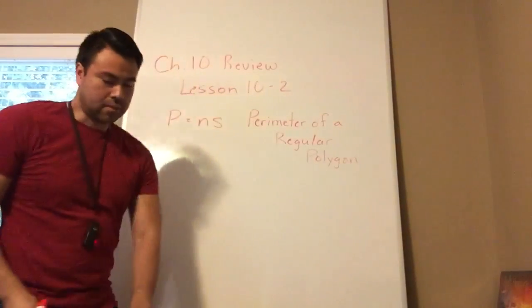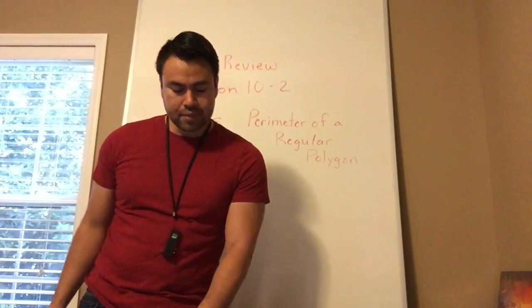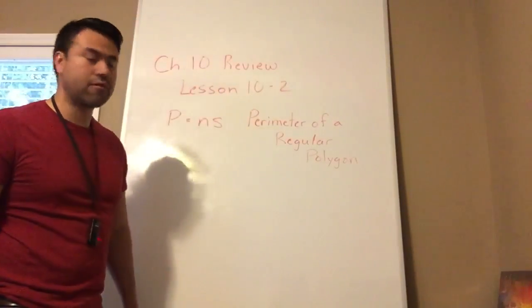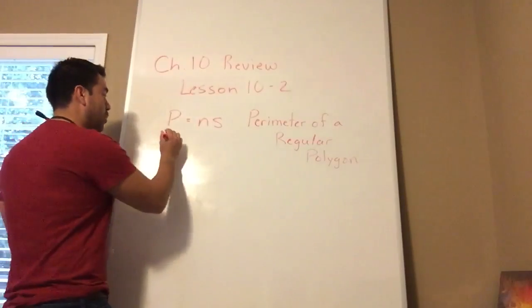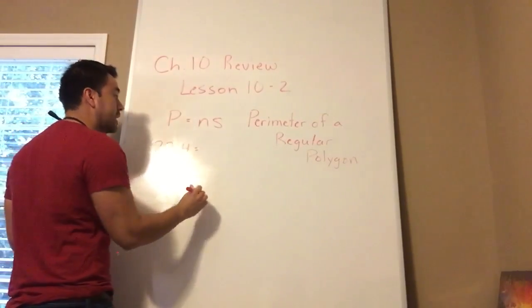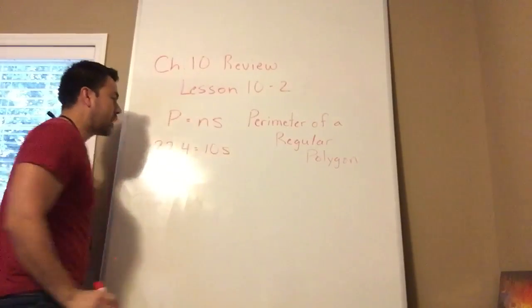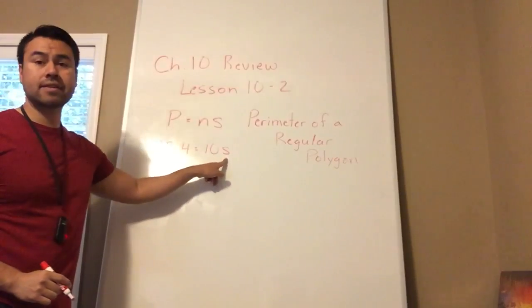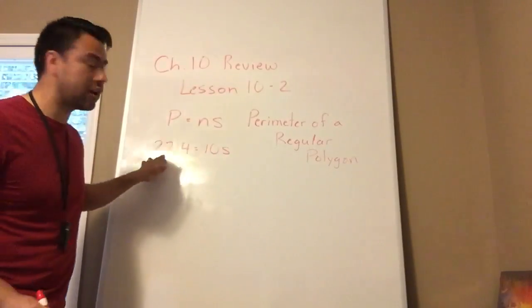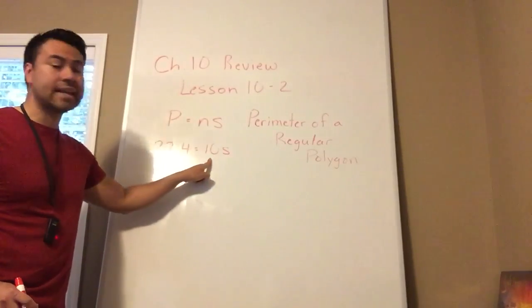Okay, so an example would be if you have a decagon whose perimeter is 22.4. That's going to give me the number of sides, and they're going to ask you what is the length of each side. I'm sorry about the glare here, but that's 22.4 equals 10s.